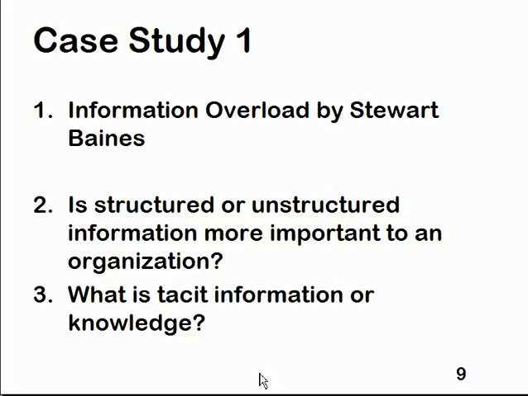Information overload by Stuart Baines. This was one of the cases we dealt with today. The questions that it threw up were, is structured or unstructured information more important to an organization? And what is tacit information or knowledge?